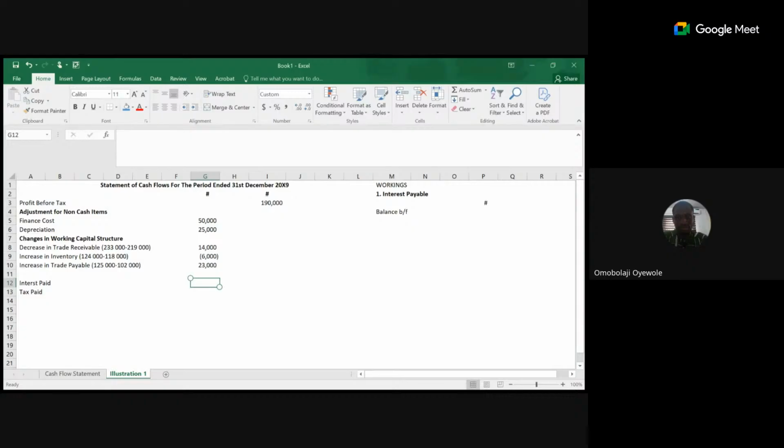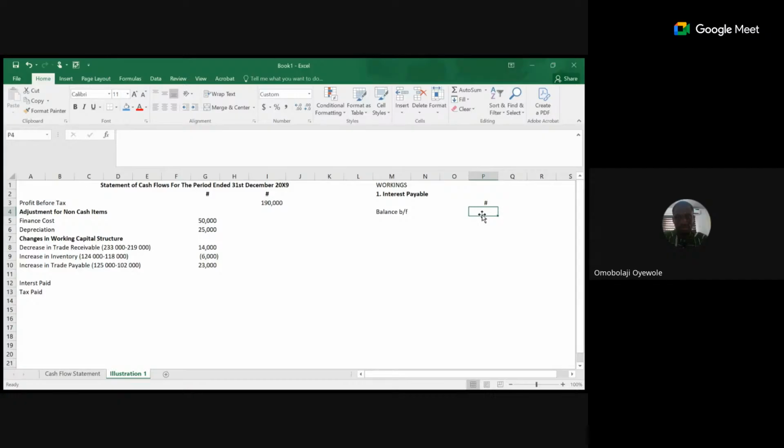I have not paid all my interest. I have recognized 50,000 as my interest expense for the period in my profit or loss, and they are telling me that I still have an amount of interest I am yet to pay. So I want to know how much interest I have paid.